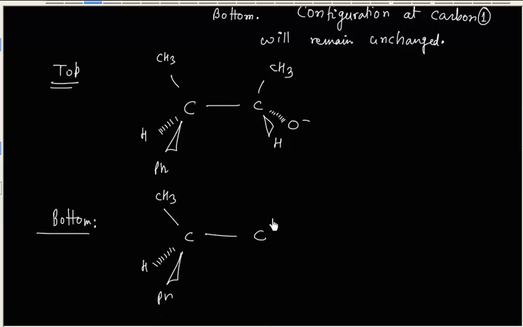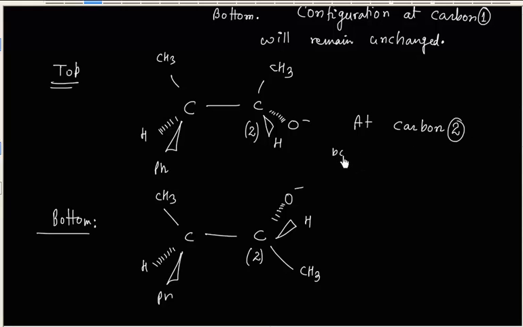Now this time CH3 will be added from bottom. So basically at carbon 2 we will generate both configurations. So at carbon 2 both configurations will be produced.